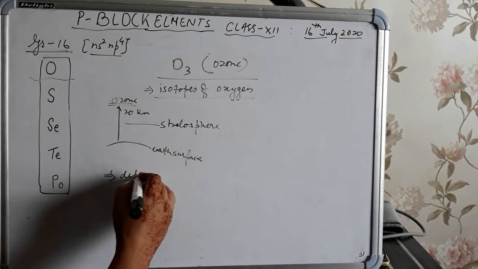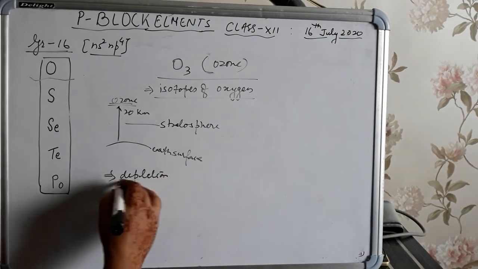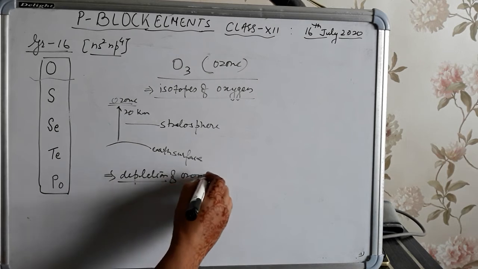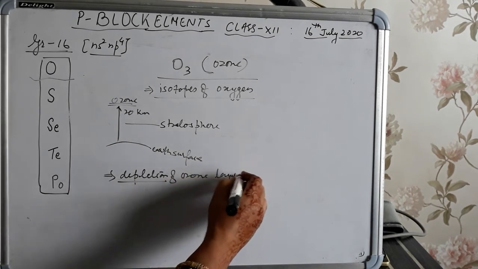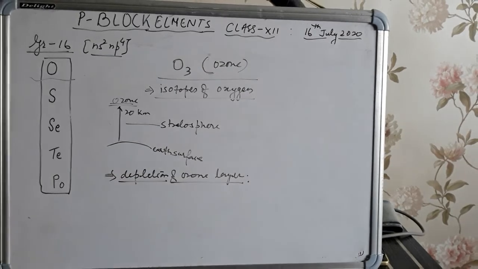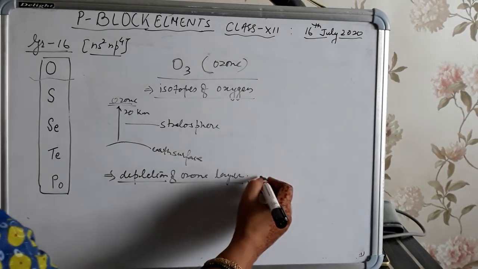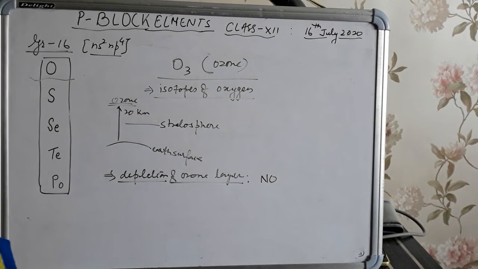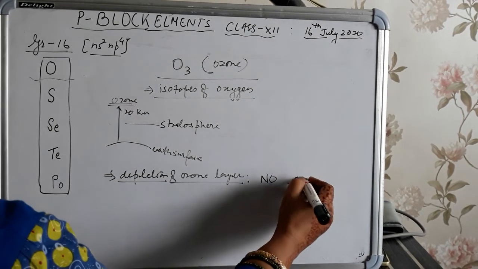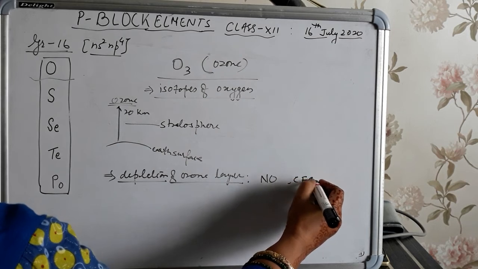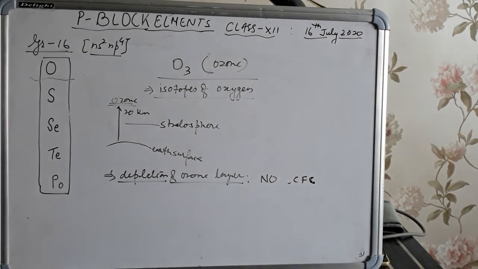Depletion of the ozone layer. The most dangerous species present in the atmosphere are nitric oxide and chlorofluorocarbons, and also flights of supersonic aeroplanes and nuclear explosions.